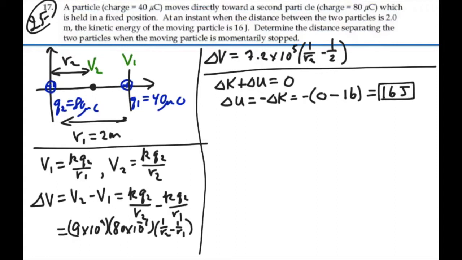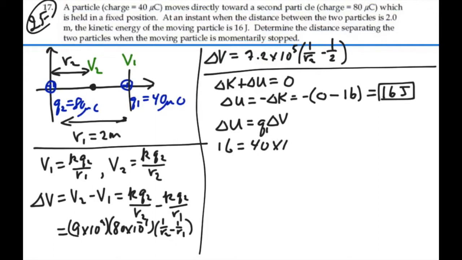That is our change in potential energy, and that should be equal to the charge times the change in potential. So we have 16 is equal to the charge, which is 40 microcoulombs. This is charge 1, by the way, times the change in potential produced by the other charge.